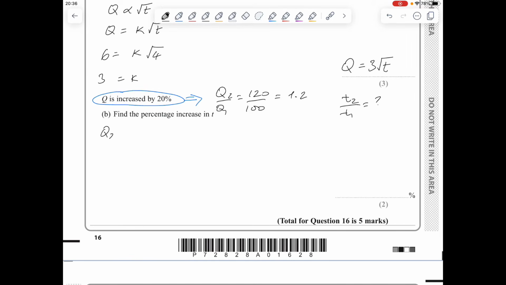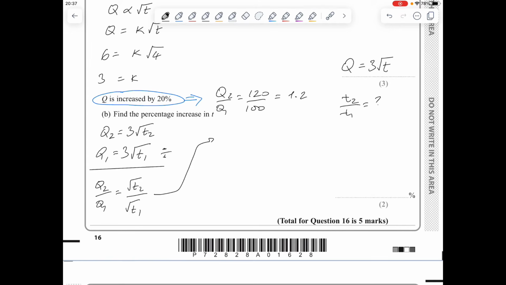Now Q2 is equal to 3 square root of T2, using the relationship found above. And also Q1 is equal to 3 square root of T1. If I divide left with left and right with right, I will get Q2 over Q1 equals, the 3's will cancel out, and I'll be left with square root of T2 over square root of T1.